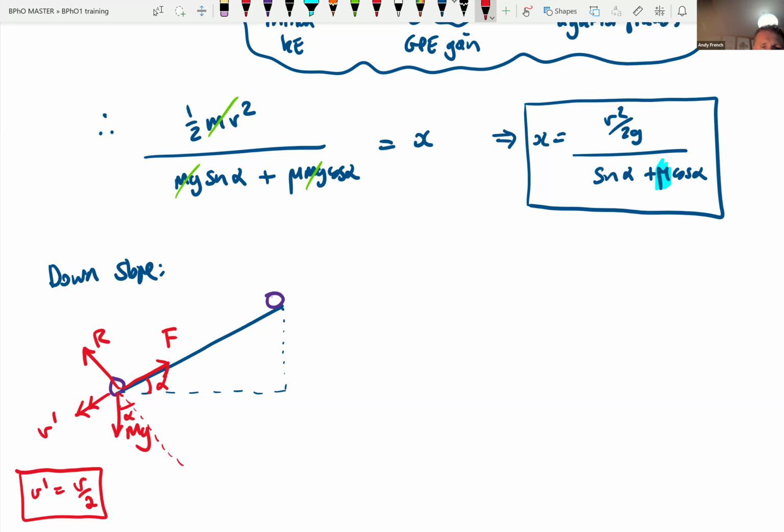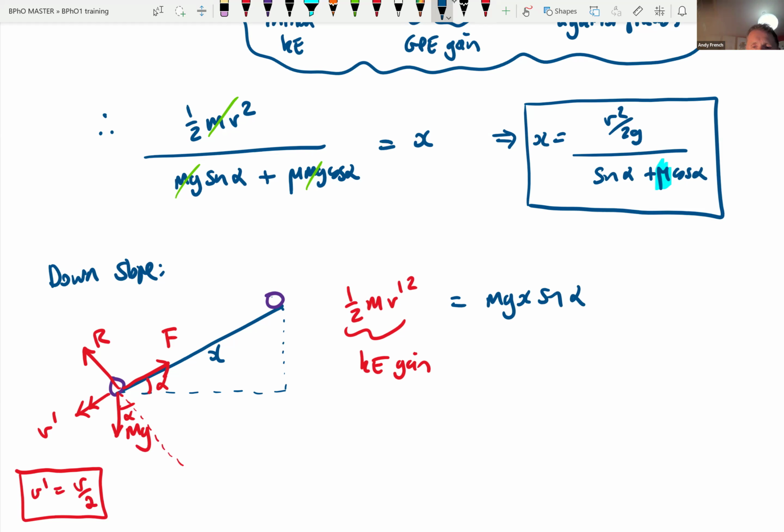So what have we got? We've got the kinetic energy gain, so half m v dash squared. That's the KE gain. That distance is x as we had before, because it starts going down from the point where it's had an instantaneous rest. So we use mg x sine alpha.